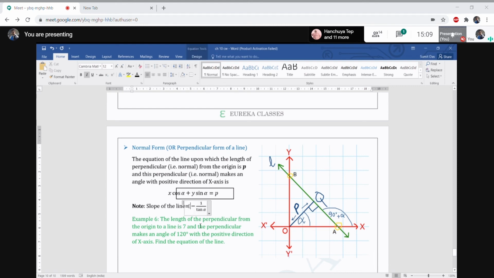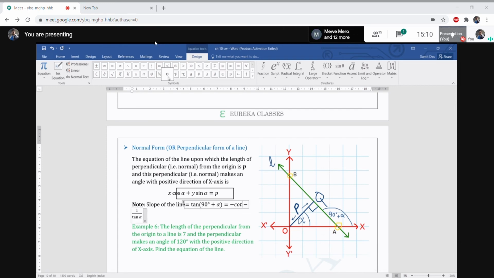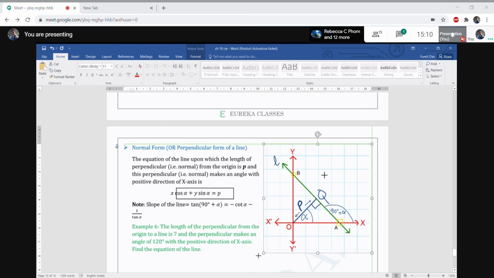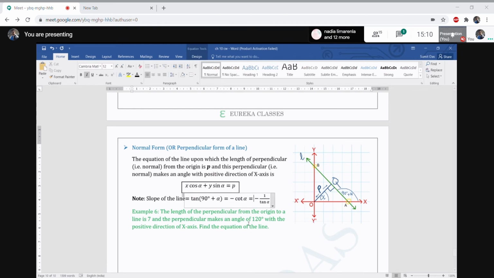Slope of line L will be tan of 90 plus alpha, which is equal to minus cot alpha. Why?